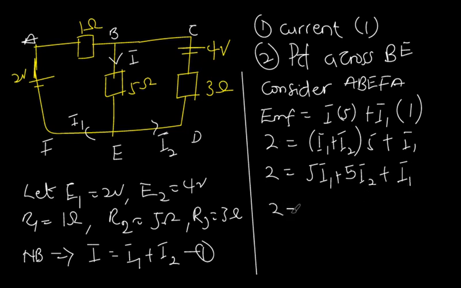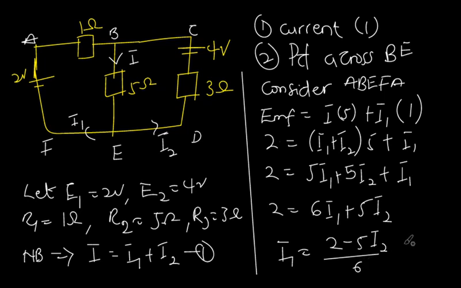So we have 2 is equal to 6I1 plus 5I2. Okay, so let's quickly make I1 the subject over here. We send this over to the equal to sign. So we have I1 equals 2 minus 5I2, then divided by 6, as our equation 2.